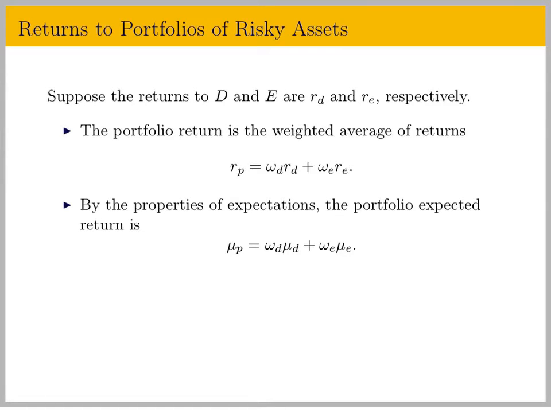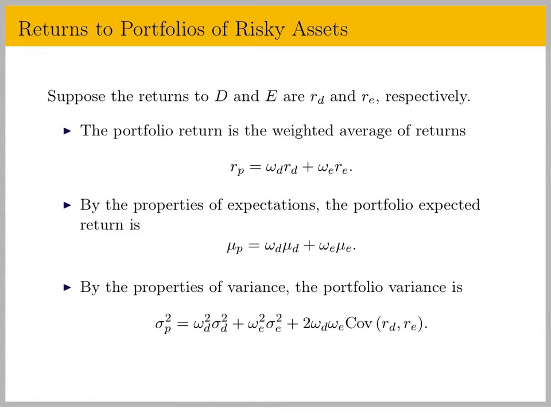Now, by the properties of expectations, you should be comfortable from the last lecture with the fact that the expected return to the portfolio is just the weighted average of the expected returns. That is, all I'm doing is putting an expectation around here on both sides, and then we know that the expectation can go through to each component, and I can pull out the weights since those are constant.